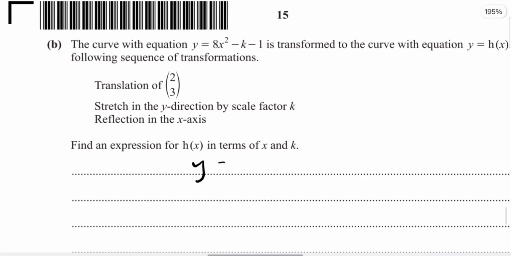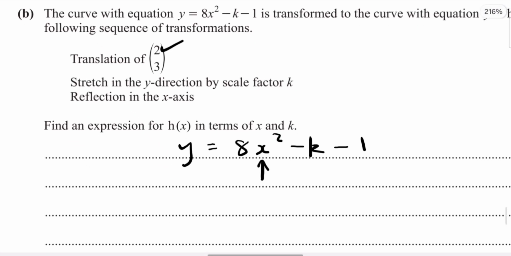So we have y is equal to 8x squared minus k minus 1. Applying the first transformation, which is a translation in the horizontal axis, if the vector is showing a positive number, for example this one is saying plus 2, we write it in the equation as a negative, and we know it will only be affecting the x part. So it will be y is equal to 8(x minus 2) squared minus k minus 1, because it's plus 2 in the vector.